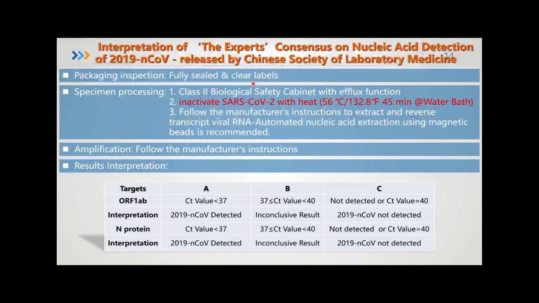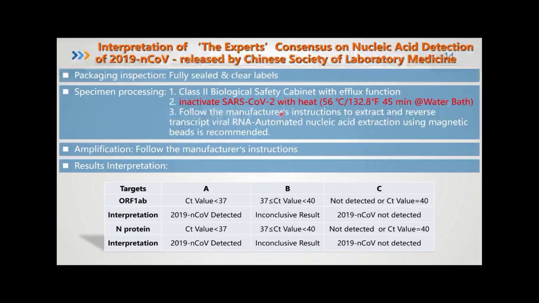For the specimen processing step, the virus inactivation can degrade the nucleic acid of the 2019 novel coronavirus, resulting in the decrease of the CT value and producing false negative results, especially for the low concentration specimens.